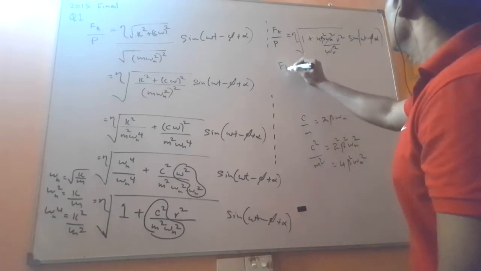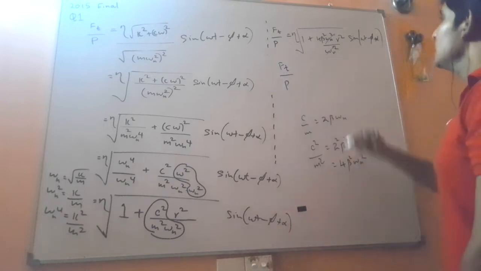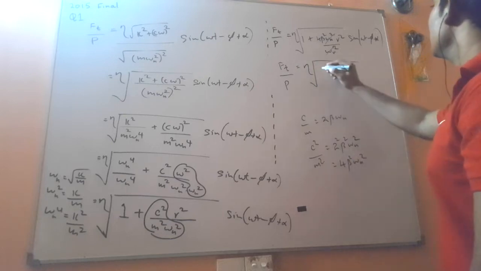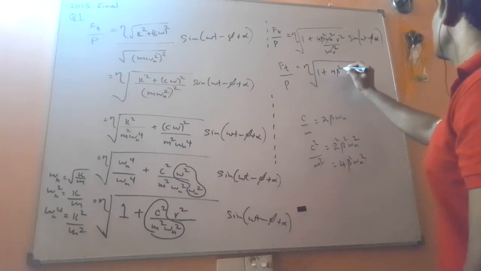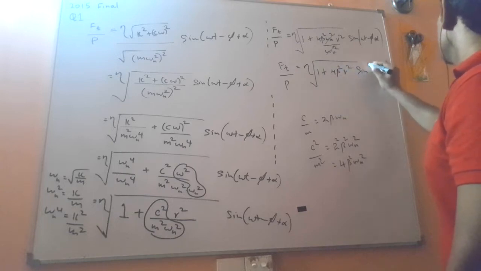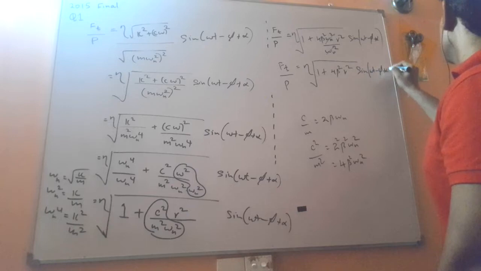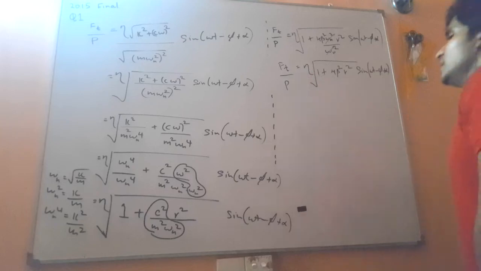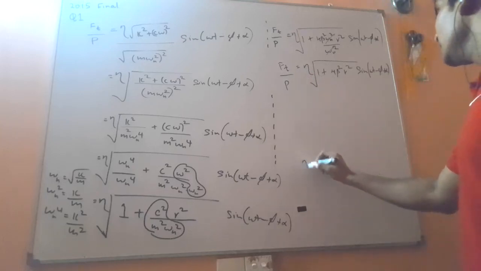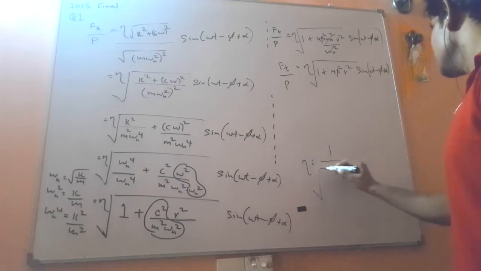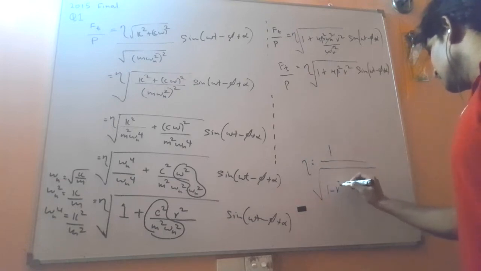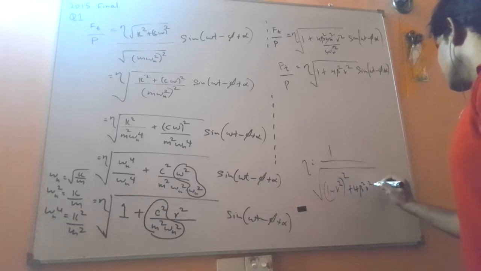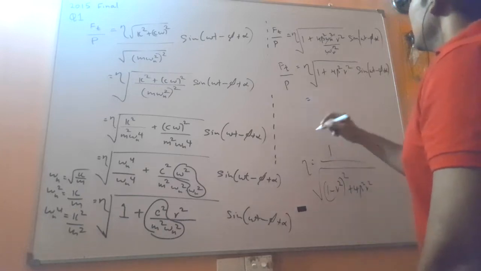So then we have ft divided by p equals neta times square root of 1 plus 4 beta squared r squared, sine omega t minus phi plus alpha, right? So now you know what is neta. Neta, you already know that neta is actually 1 divided by square root of 1 minus r squared whole thing squared plus 4 beta squared r squared. You know that. So now that you can replace, right?